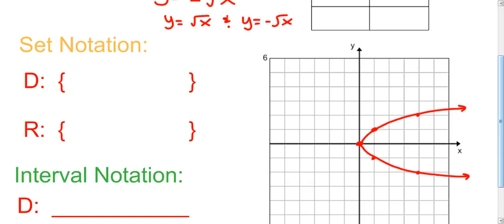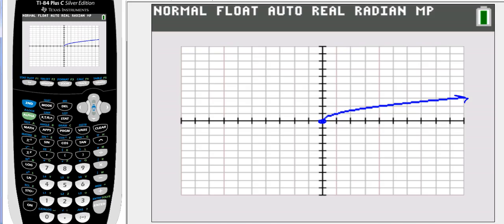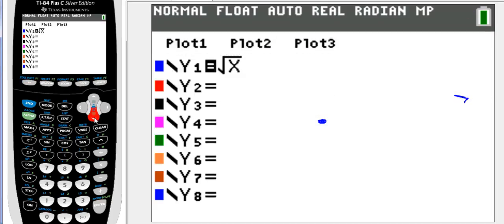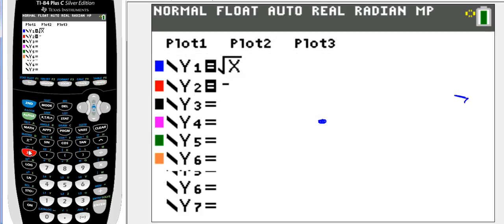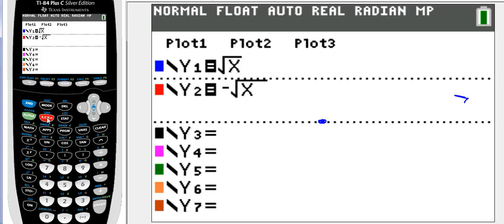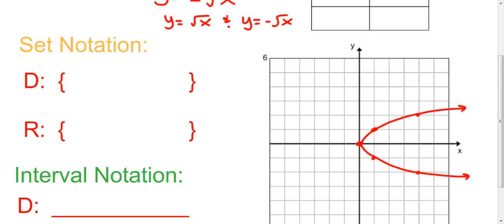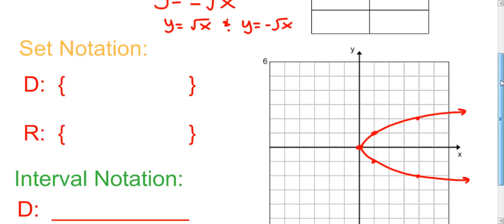So if we wanted to see that on our calculator, we would have to put in both the positive square root of x, and then I would have to go down here and put negative square root of x in also, so that when it's solved for y, they both show up. And both of those pieces together make that equation that we started with right here, which was y squared equals x.